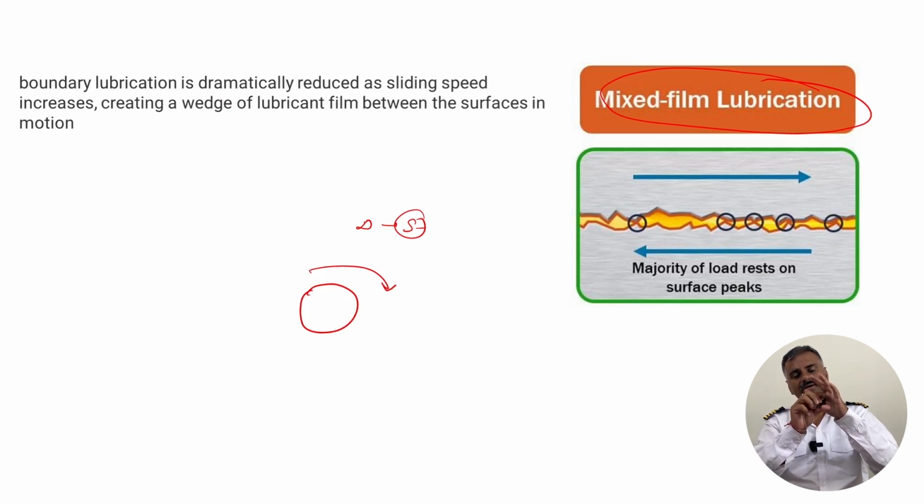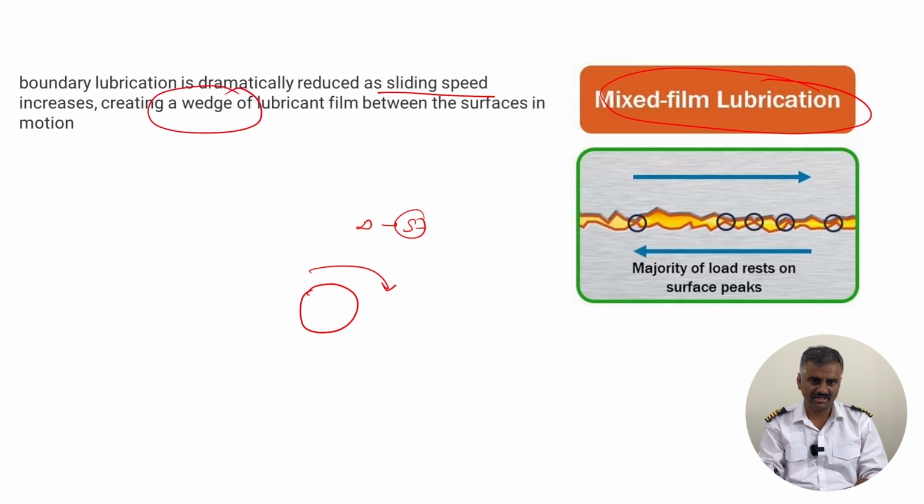There is a relative motion between the shaft and the bearing surface. The sliding speed increases, and due to which there is creation of a wedge. So this second stage of lubrication is called the mixed film lubrication. As you can see, there is a film of oil already starting to generate between the two surfaces.